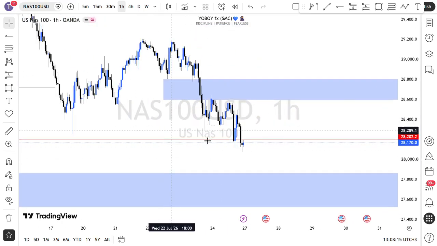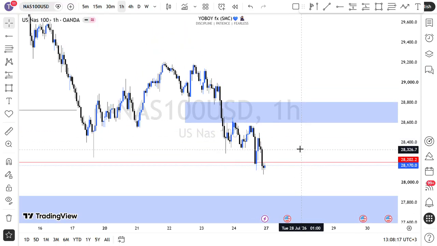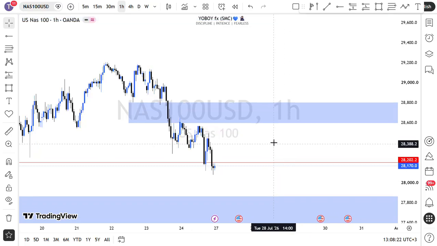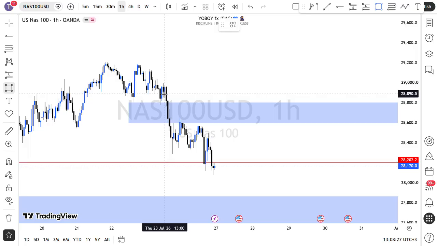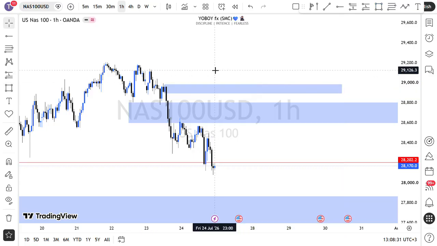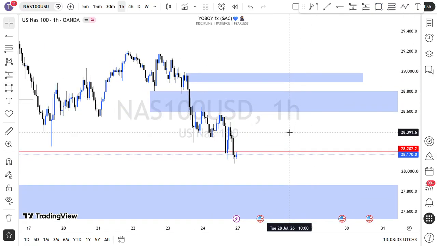I want to see price coming back into this fair value gap after breaking this low's break of structure. I want to see price coming back into this area. Also into this area here, we have this 1 hour order block that was unmitigated, and that can be a very good point of interest.